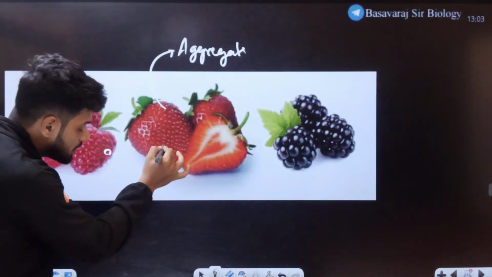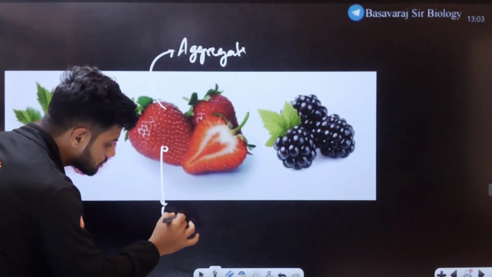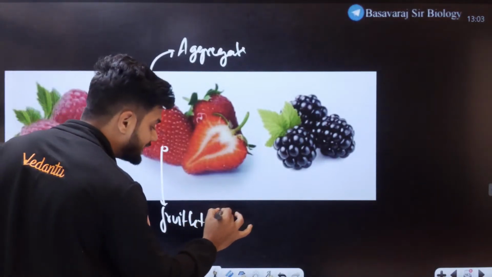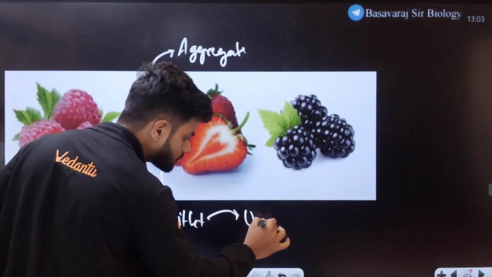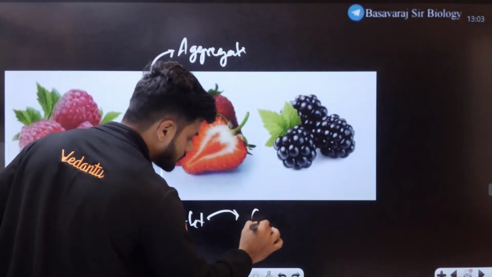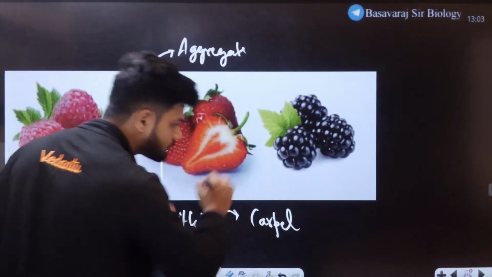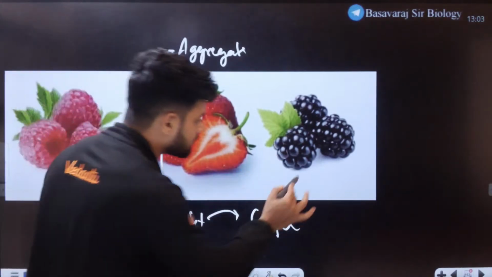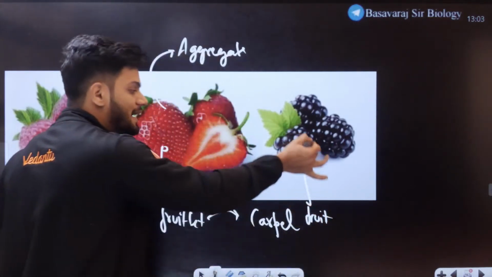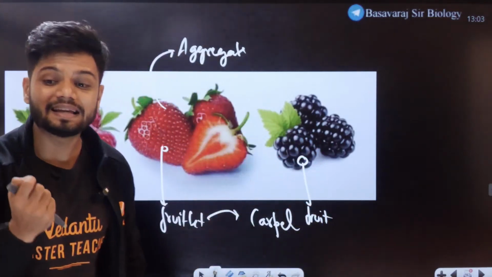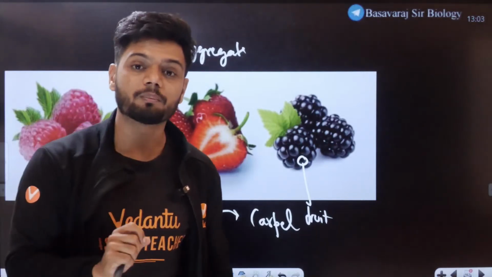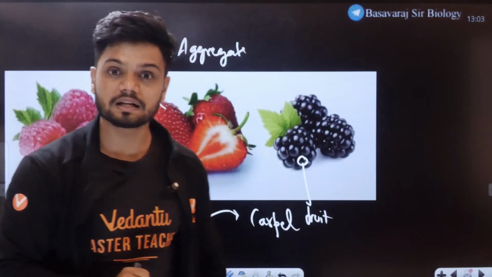Each one is a fruitlet, developing from a single ovary or a single carpel. Each one of them is a fruit. This entire thing is called an aggregate of fruit. Each one is a fruitlet and it is developing from a single carpel.